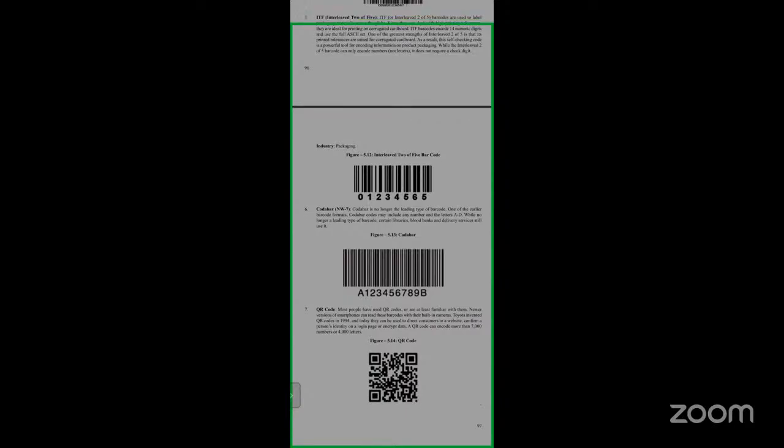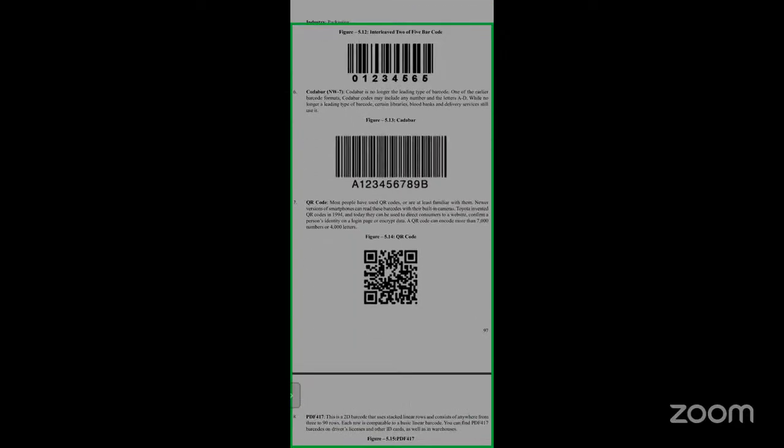It's no longer the leading type, meaning nowadays it's not in use much, but earlier it was. It is one of the earlier barcode formats, and Codabar codes may include any of the letters from A to D, but it is no longer a leading type of barcode. Certain libraries, blood banks, and delivery services are still using it.